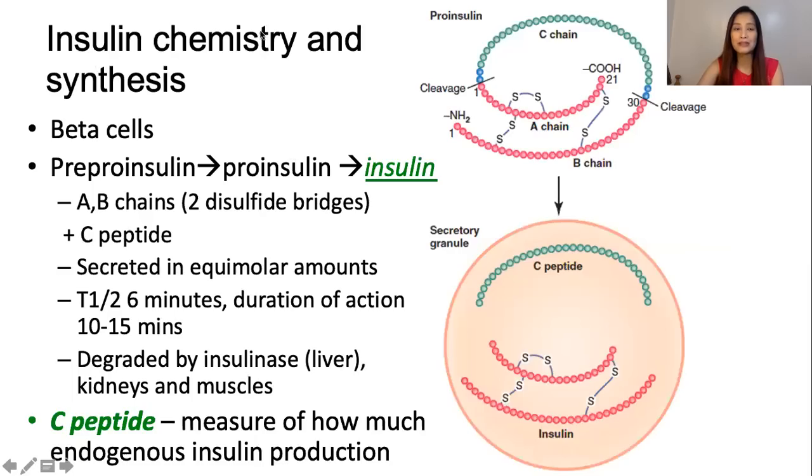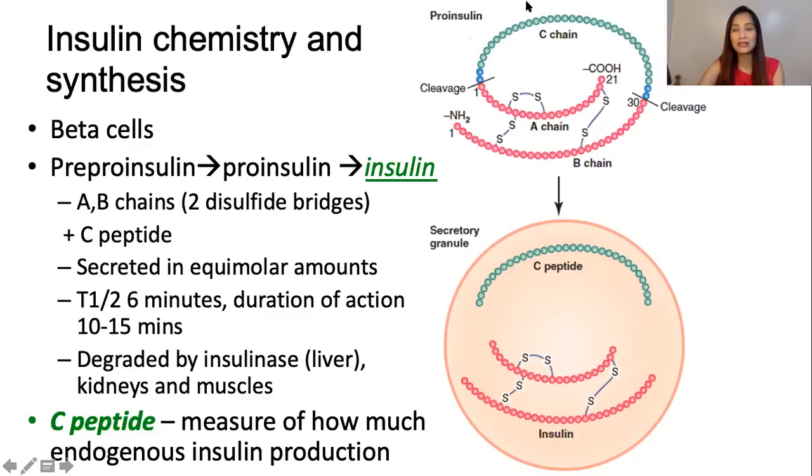So how is insulin secreted? The cell that produces it is your beta cell, and it's initially synthesized as pre-pro-insulin. The pre-pro-insulin is cleaved to form pro-insulin, and eventually it undergoes post-translational modification inside your cells.